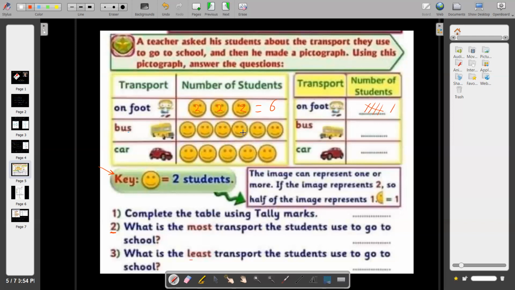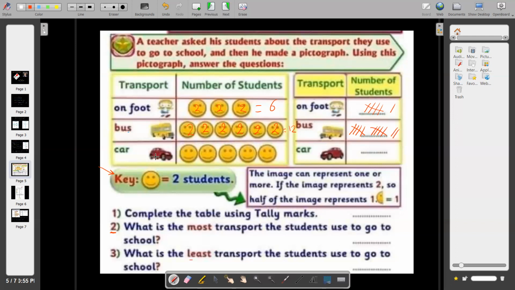Here, how many children go to school by bus? 2, 4, 6, 8, 10, 12. So how to draw 12? 1, 2, 3, 4, 5, 6, 7, 8, 9, 10, 11, 12.